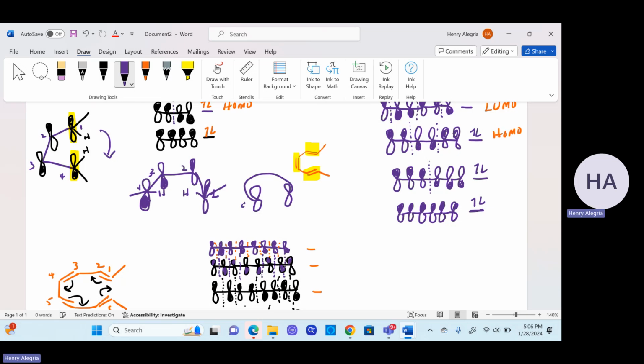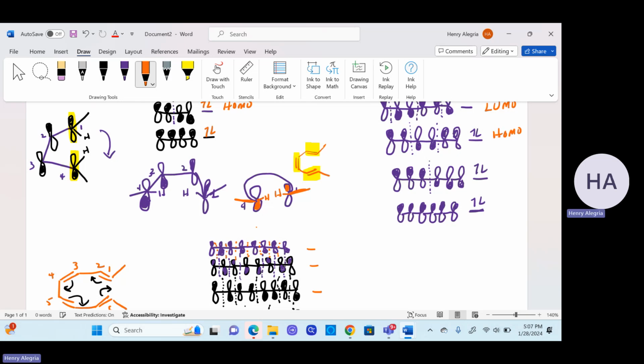So number 4 here, number 1 here. Number 4 has the methyl group that way, the hydrogen like that. Number 1 has the methyl group that way, the hydrogen like that. Number 4 is shaded down. Number 1 is shaded up.